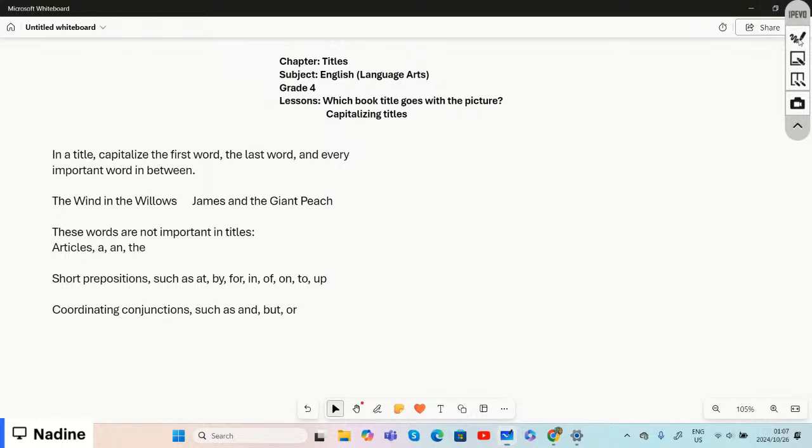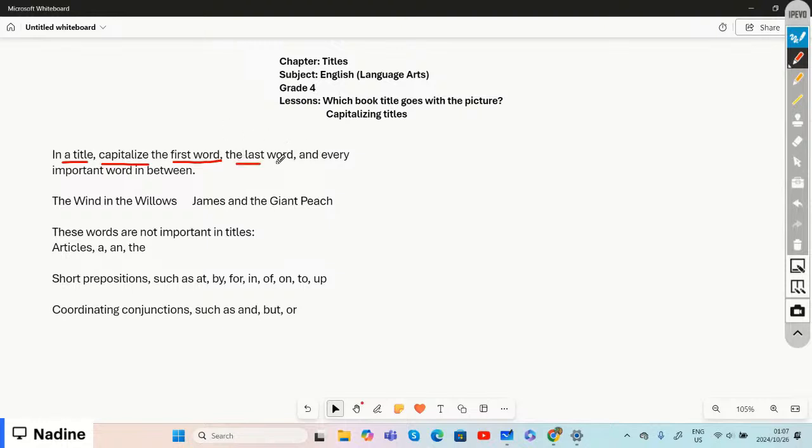Within a title, like a book title, we need to capitalize the first word of the title. We need to capitalize the last word of the title, and we need to capitalize every other important word in between.